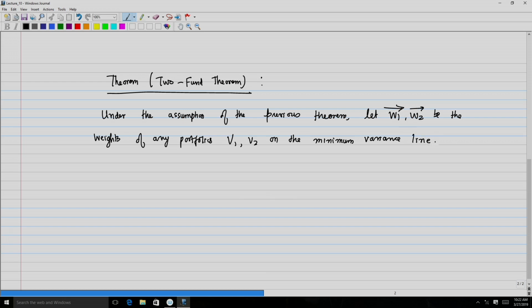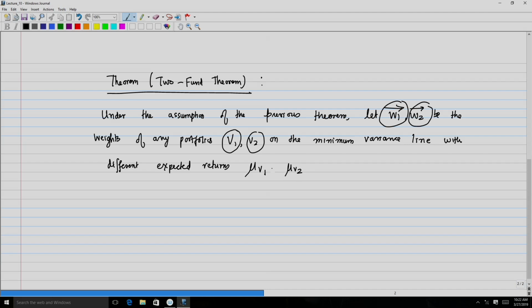So, that is we are considering two portfolios W1 and W2 with the corresponding portfolios being identified as V1 and V2, and both of them lie on the minimum variance line, but with different expected returns, that is, the expected return mu V1 and the expected return mu V2 for these two portfolios, they are different from each other.